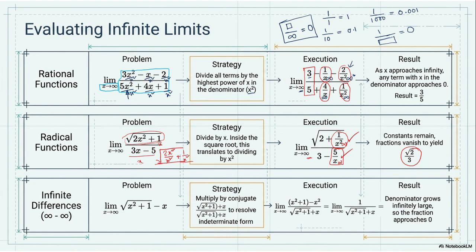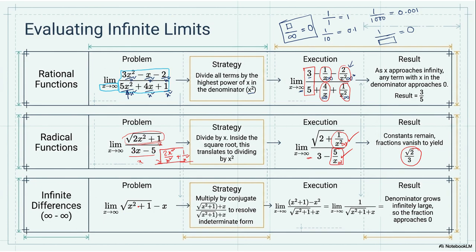Now what will happen for the third one? Conjugate, right? Exactly. We have to multiply numerator and denominator both by the conjugate of this term.